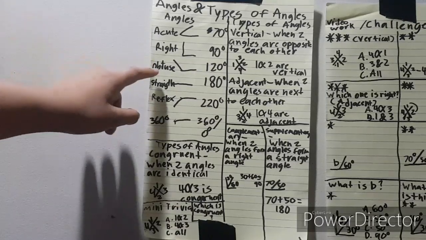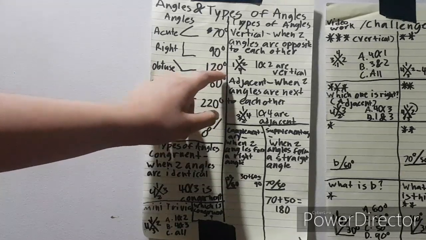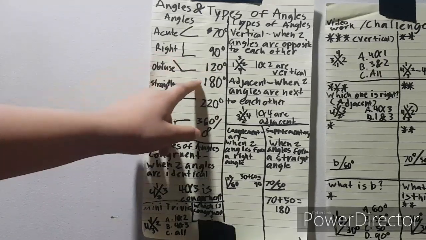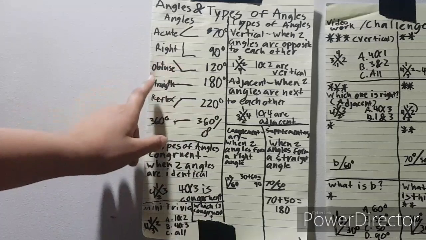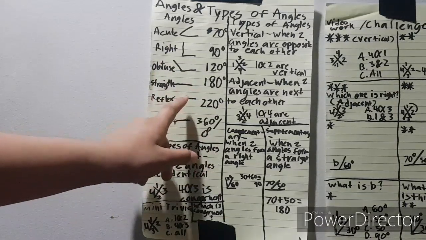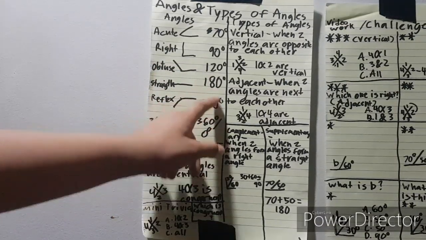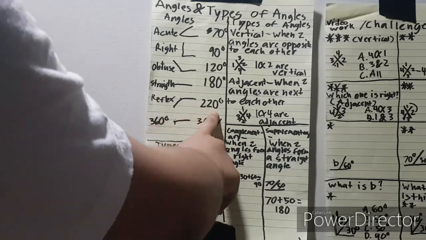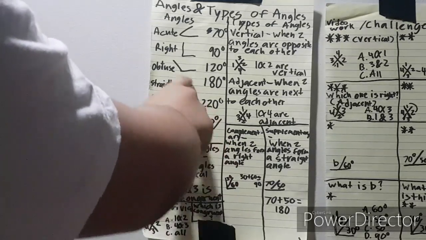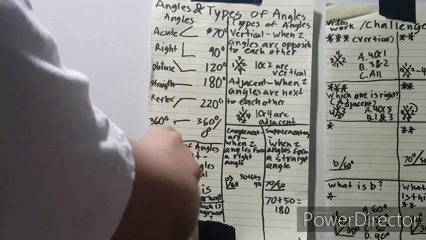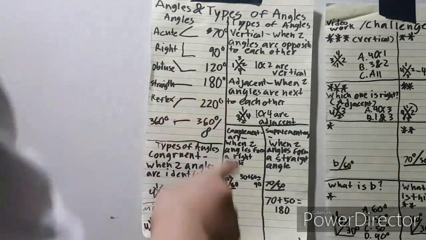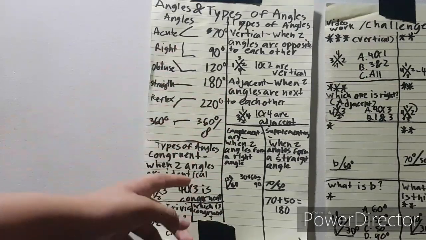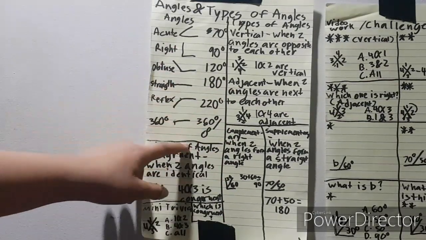For obtuse, it's supposed to be 120 degrees, so you can have this bent L shape. For straight, it's just a line at 180 degrees. For reflex, it's 220 since it's an upside down version of obtuse. And the 360 is just a line, or it's classified as a 0 degree angle.